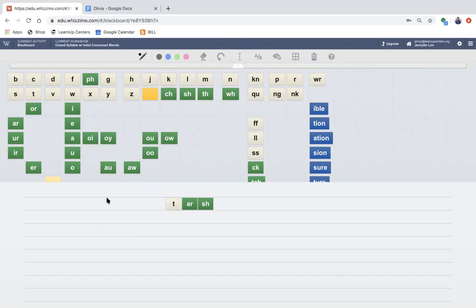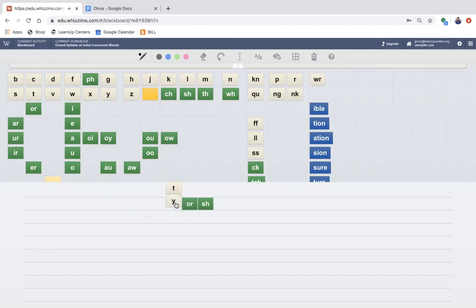Next word I want is torch. You take out the AR and put in an OR. Good job. What does that say? Torch. Next word I want is yorsh. You take out the T and put in a Y.